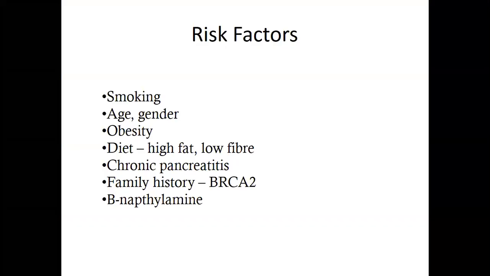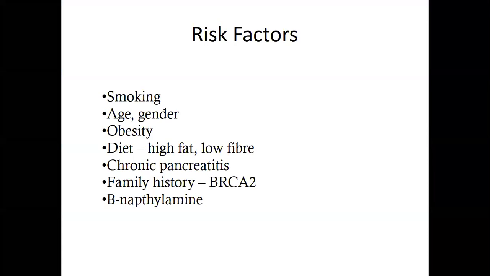And what are the risk factors? The first risk factor is generally smoking. That's a risk factor for every cancer we get. Second is age. The greater the age, the more the danger. Obesity, which every Pakistani has. We eat a lot, get obese, and fall for these things.